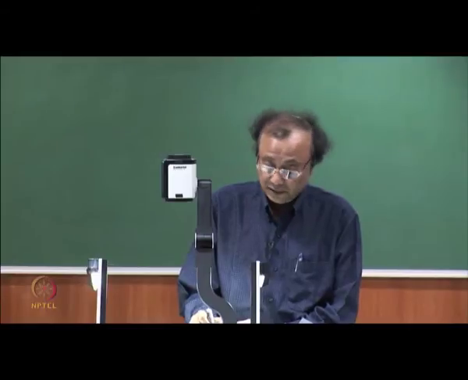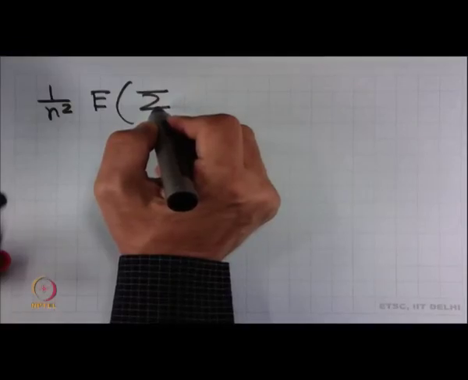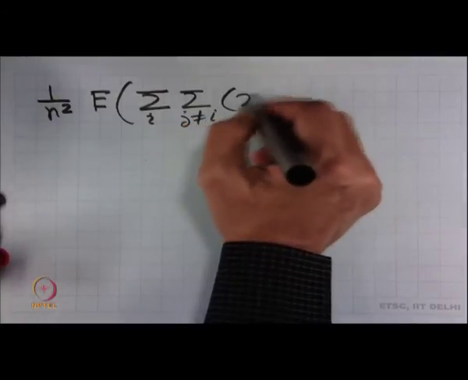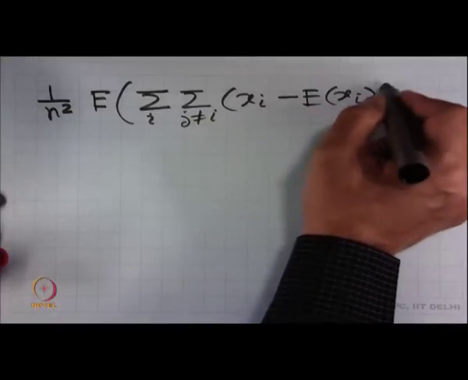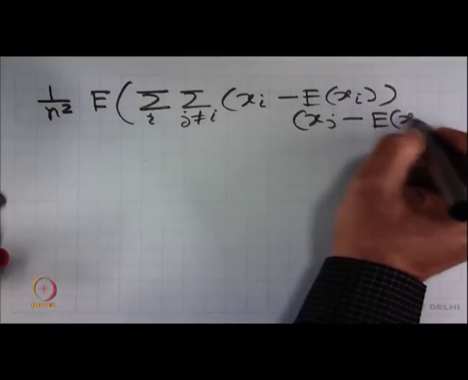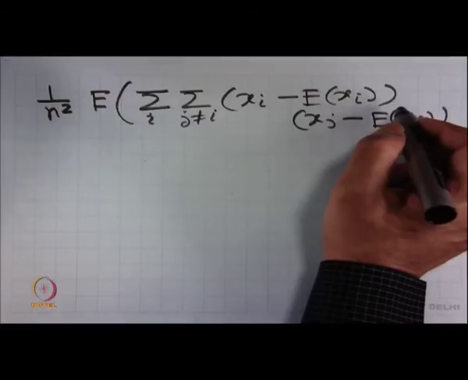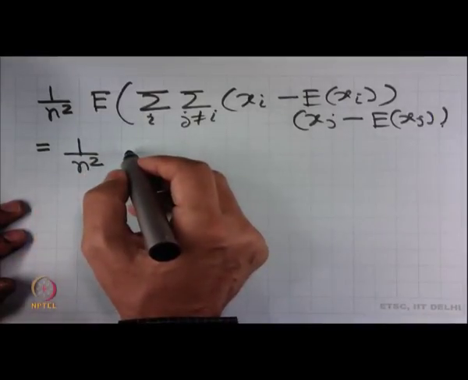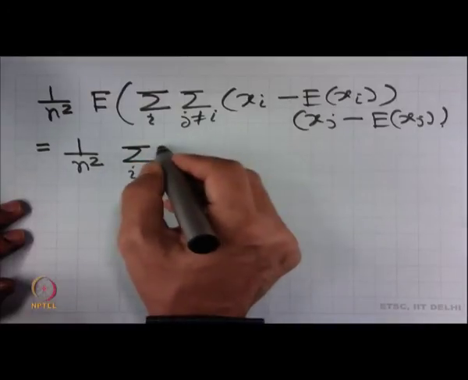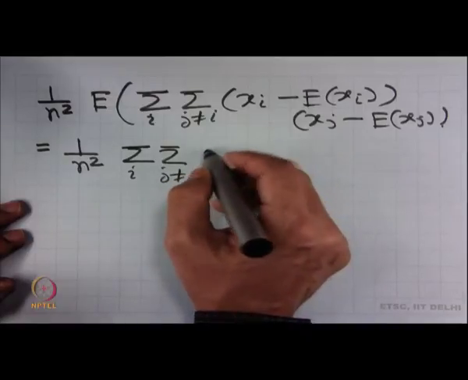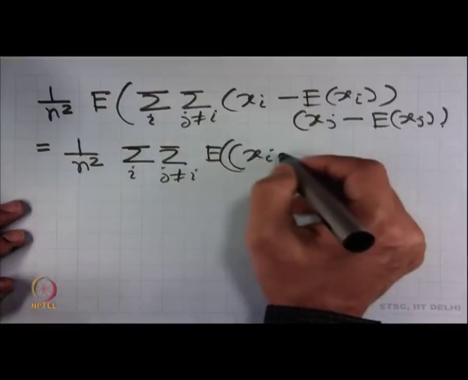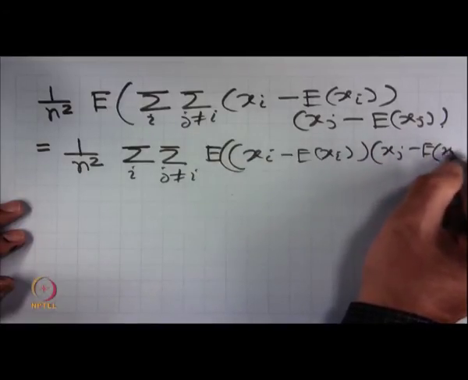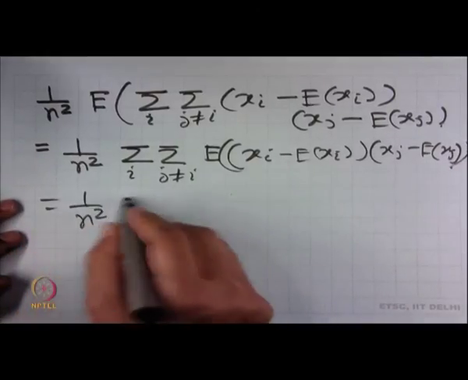The second part is 1 by n square into the expectation of sigma over i sigma over j not equal to i, xi minus the expected value of xi into xj minus the expected value of xj. This is equal to 1 upon n square sigma over i sigma over j not equal to i, the expected value of xi minus the expected value of xi, and so on.